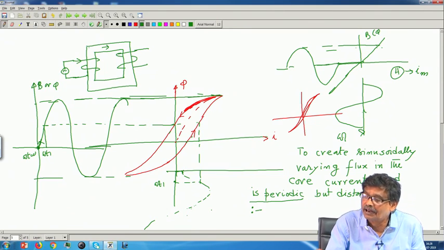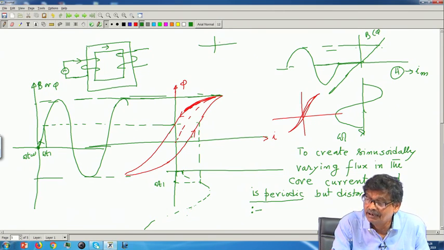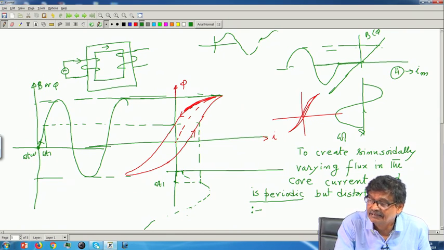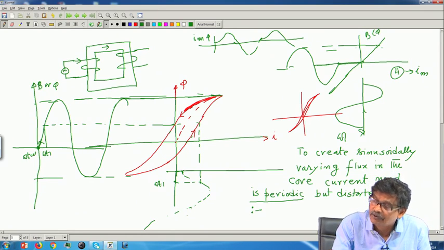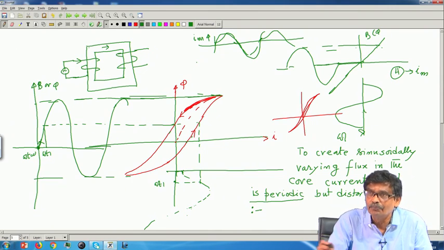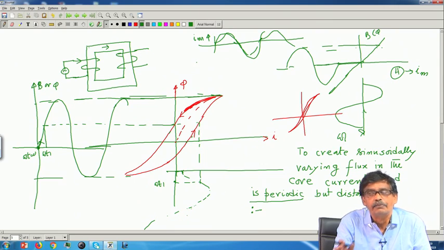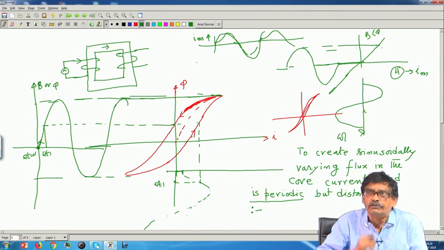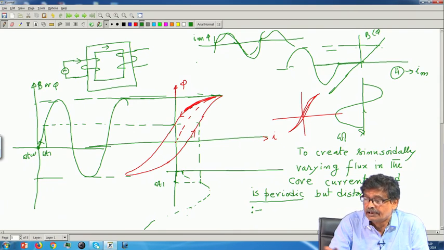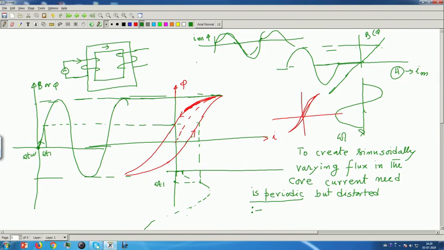So, the current waveform maybe will be like this and repeating. Are you getting? This is the magnetizing current, but not sinusoidal, and it can be broken up into a fundamental 50 hertz and a lot of odd harmonics, because the negative half is the same as the positive half and so on. Therefore, only odd harmonics will be present if you Fourier analyze this exciting current.